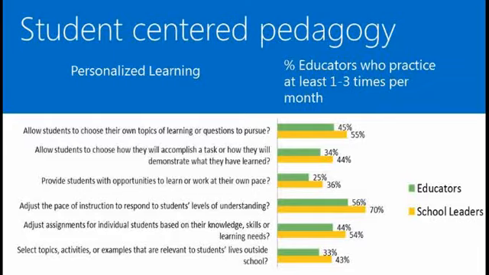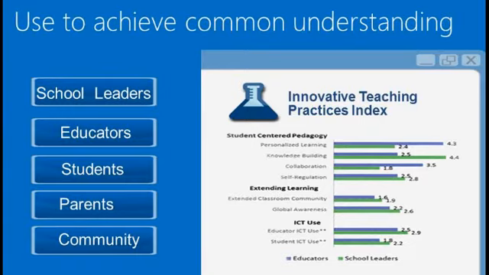And, you know, it isn't quantitative data, but again, what you're looking to do is establish a baseline and then to measure again maybe 6 months or a school year after intervention and be able to show movement around whether educators are providing students with opportunities to learn at their own pace more often, whether they're adjusting assignments based on individual student needs, et cetera.